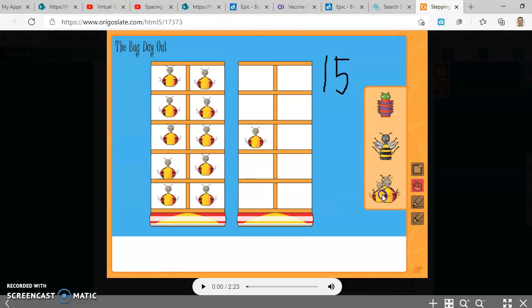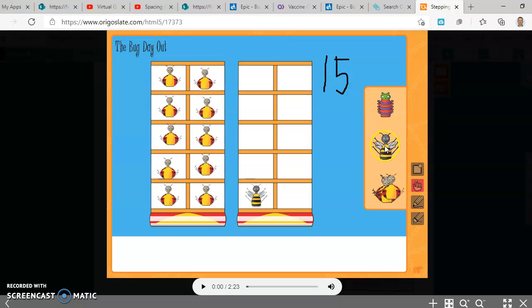Okay, I'm going to leave this group of 10 ladybugs here. So I'm going to combine some bugs. I'm going to use ladybugs and bees. Okay, so we're going to this number. What number is this? That's right, that's 15. Now we have 10 here. Let's go all the way up to 15.